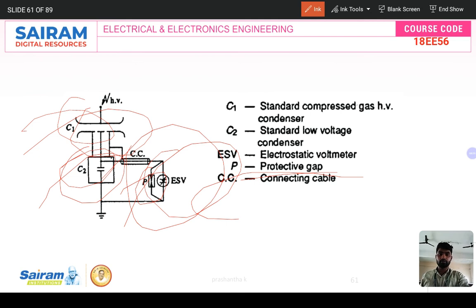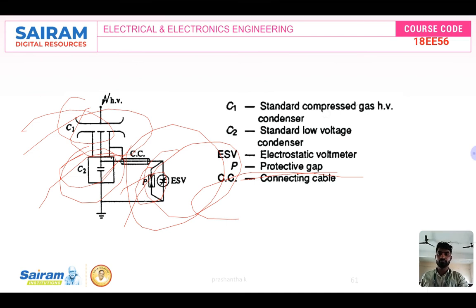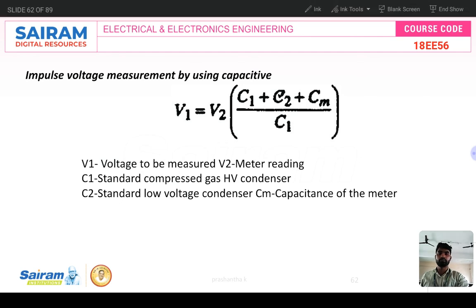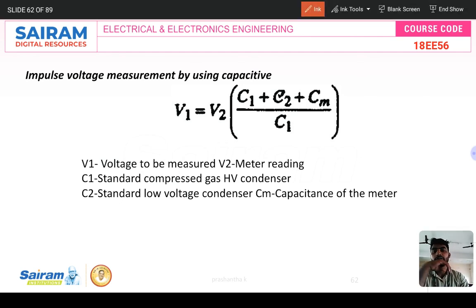Finally, we got the equation for impulse voltage measurement by using capacitance. V1 of T is equal to V2 into (C1 plus C2 plus Cm) divided by C1.